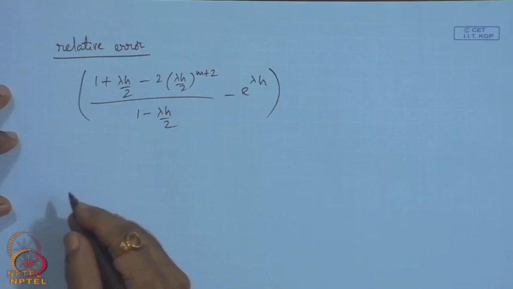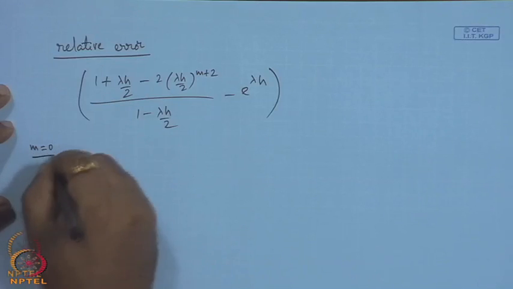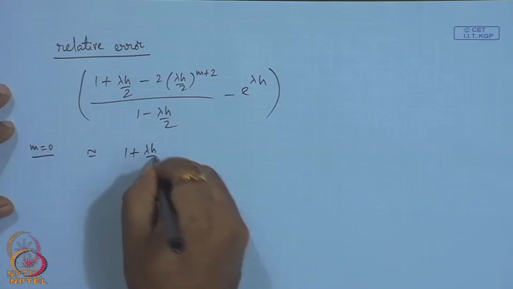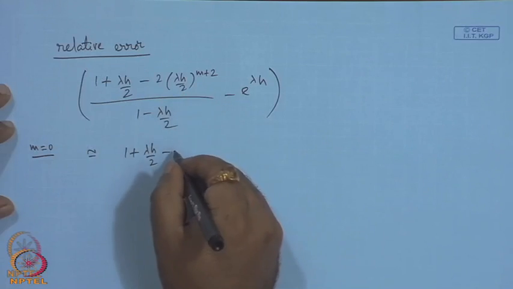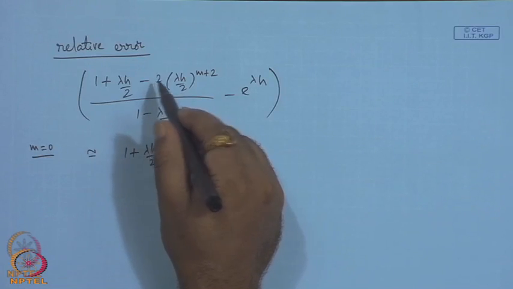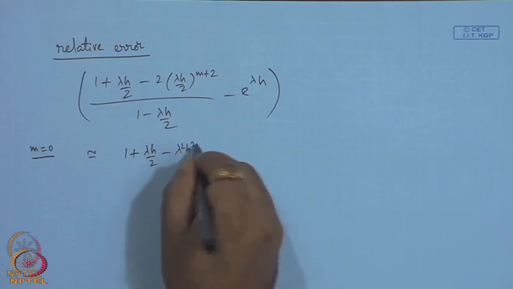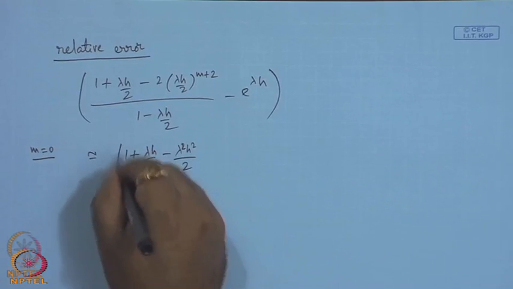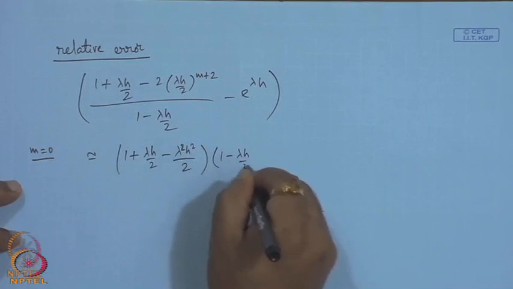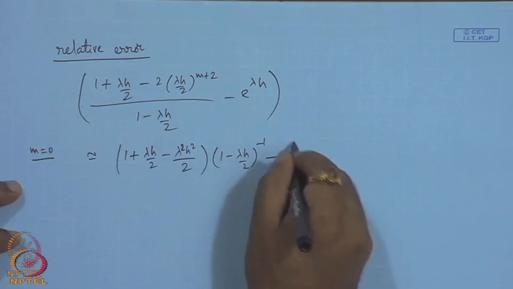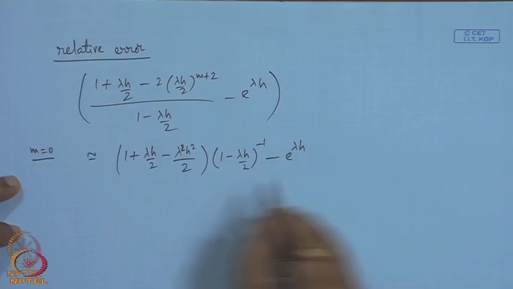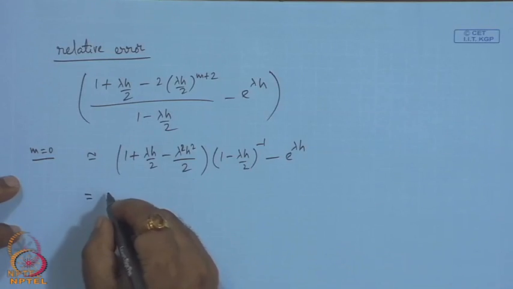Okay. So, can consider the case m 0. So, then this can be written as, so this will be m 0. So, lambda square h square by 4. So, there is a 2 there. Okay.